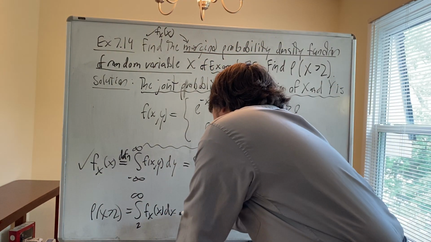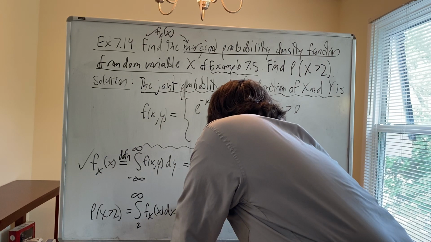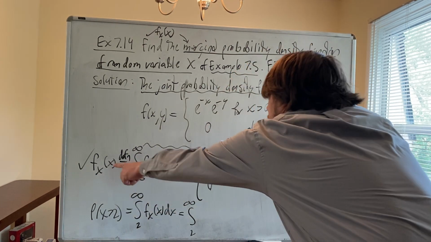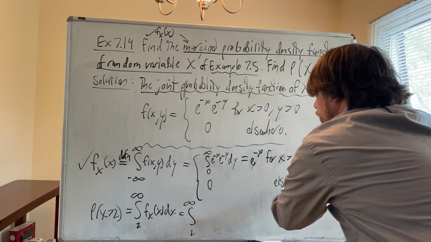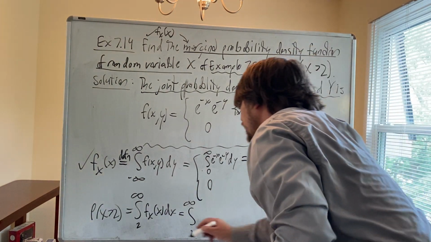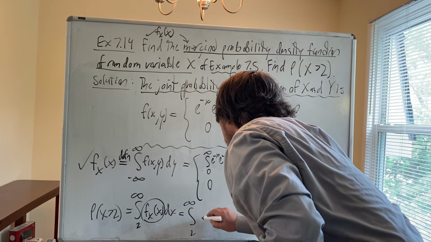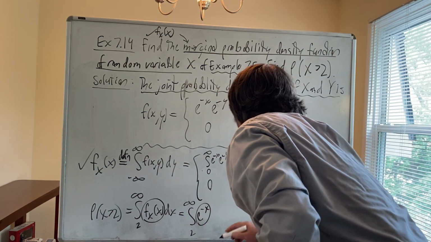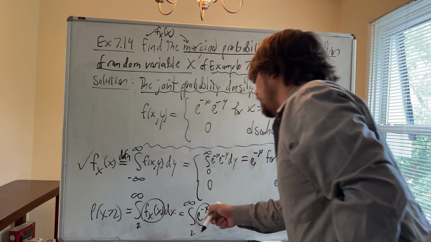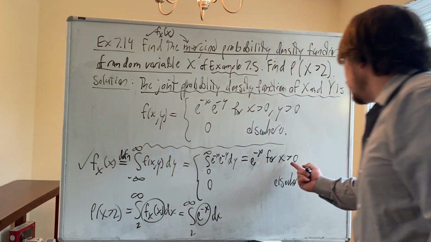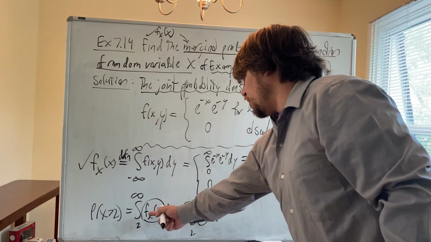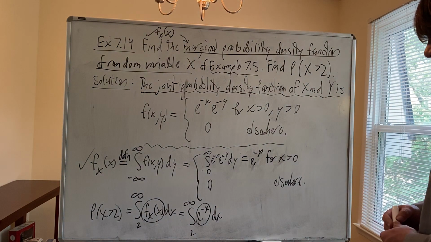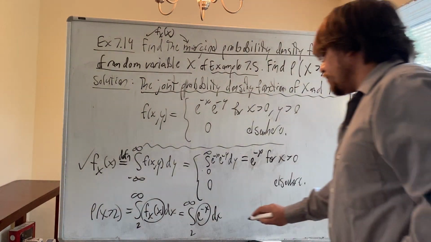From 2 to infinity, x is always positive, and so we just get e to the negative x dx with respect to x. When x ranges from 2 to infinity, x is always positive, which means f sub capital X of x is e to the negative x. You substitute that integrand for e to the negative x, they're the same by substitution.